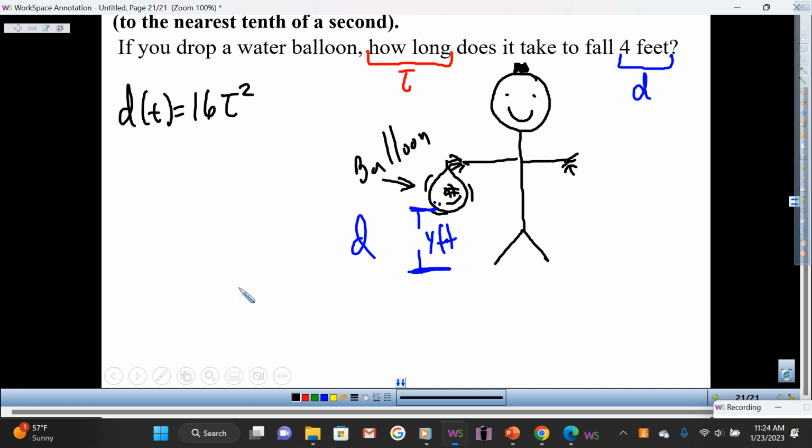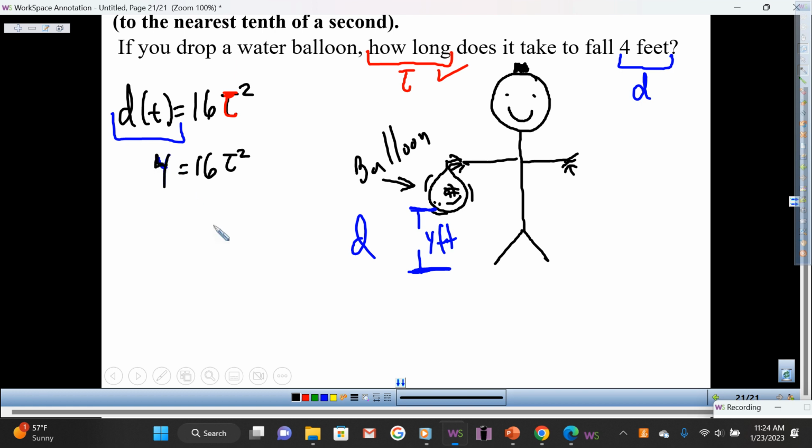All right. So we know that we need to figure out t, because that's what they're asking us for. But what else do I substitute into the formula? Instead of this, we substitute what? 4 equals 16 t squared.